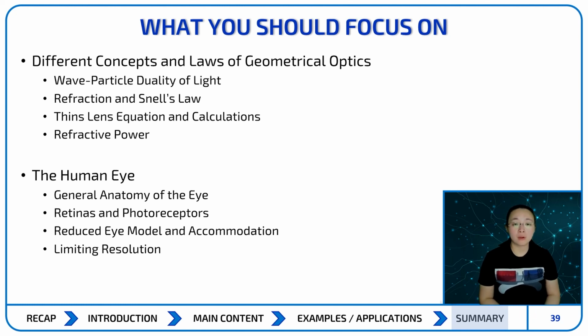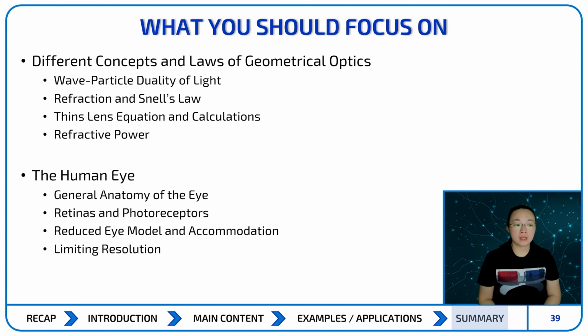There's also something called accommodation, and when it comes to accommodation, you should be able to apply the equations from the reduced eye model and be able to determine how much accommodation is required in order for a specific refractive power to be achieved.